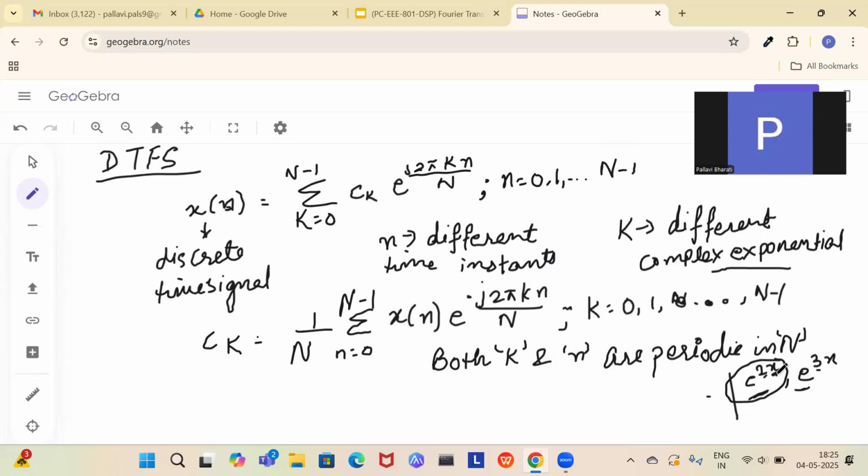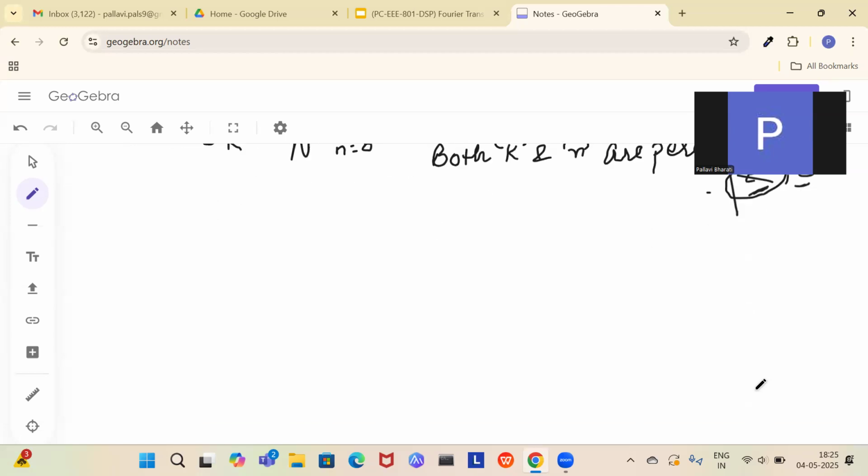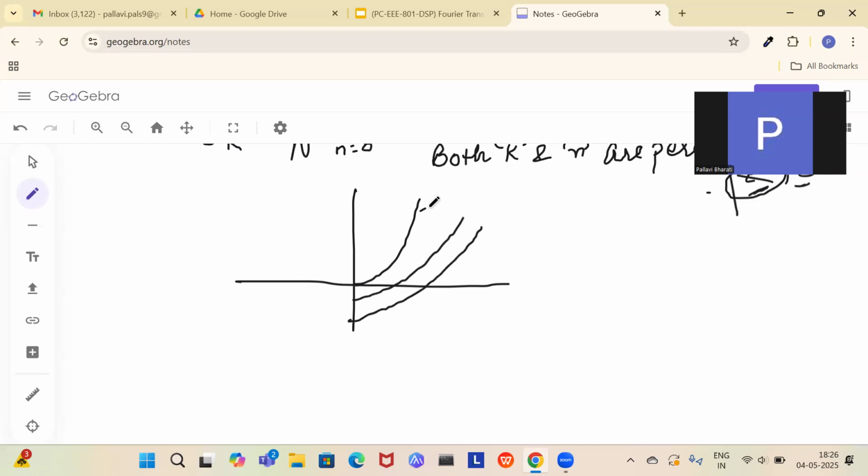I'll just give you another example graphically. If you see it graphically, that will be much better. See, if I draw an exponential like this, these are different k.